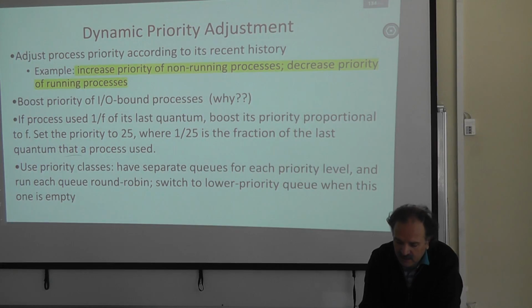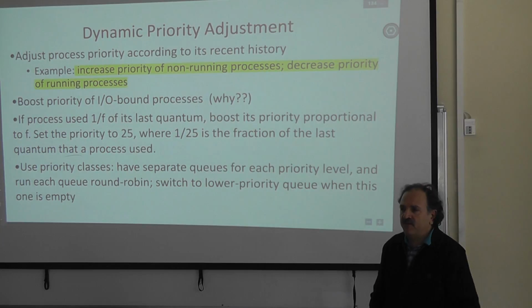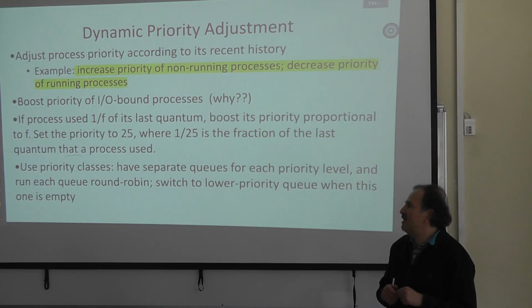So if I am using 1/25 of my last quantum, then my priority will be 25, very, very high. Why? Because I did not use much of my quantum time, so my priority is high. As soon as my data is available, I will start using the CPU.